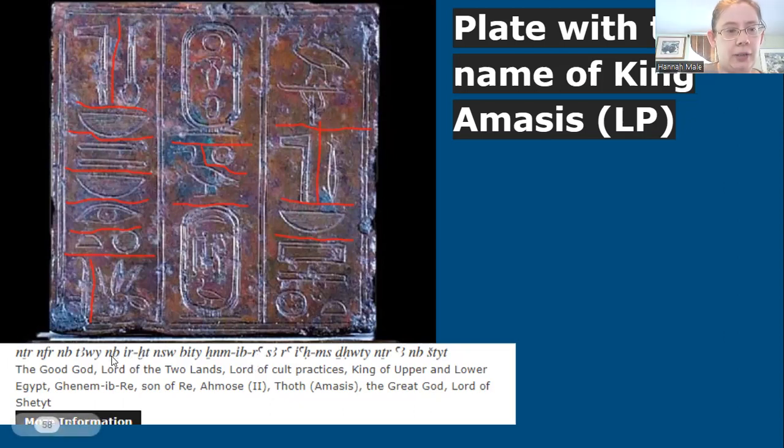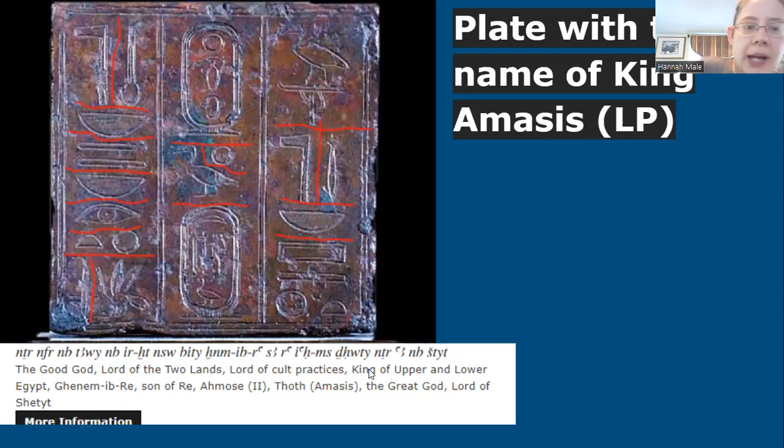Lord again, so NB again, so here. Ire hit, which is cult practices, which is this chunk here. So this is the Erie, so the JR. This is the hit, so underlined or elliptical HT, which is this.